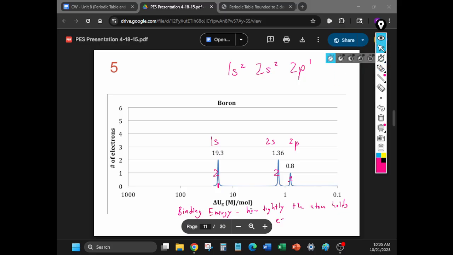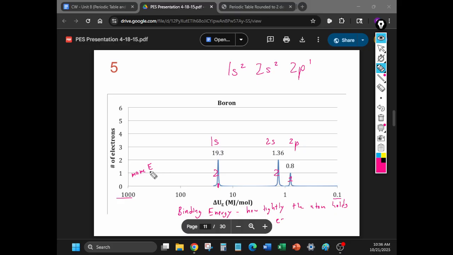Okay, so the binding energy is how tightly the atom holds the electron. Now, if you look at the numbers, what do you notice? Which side has the higher numbers, the left or the right? The left. Yeah, the left is 1,000 megajoules versus 0.1. So you need more energy to remove electrons that are closer to the left.